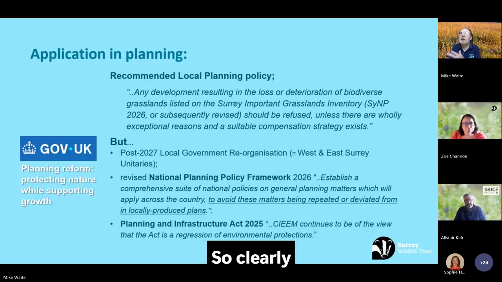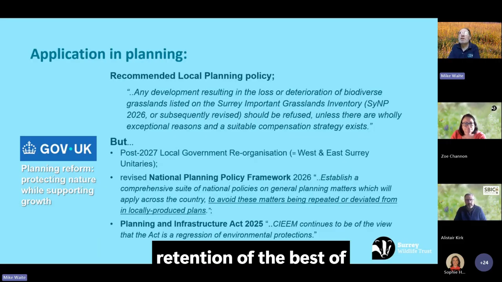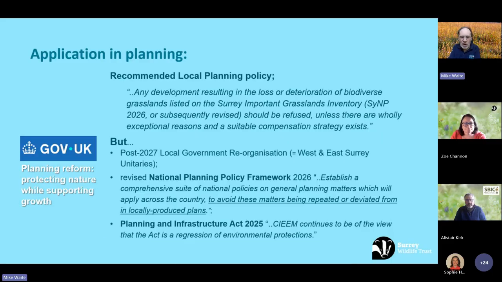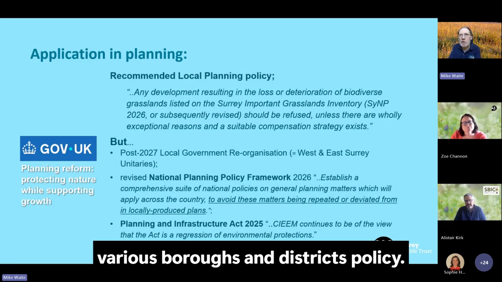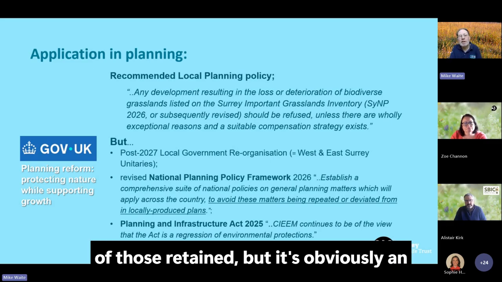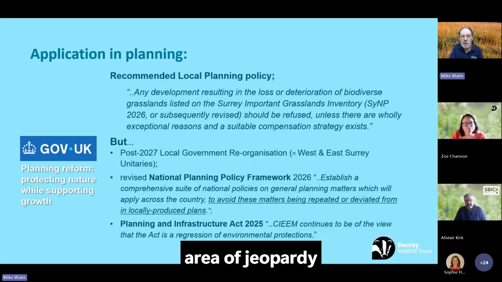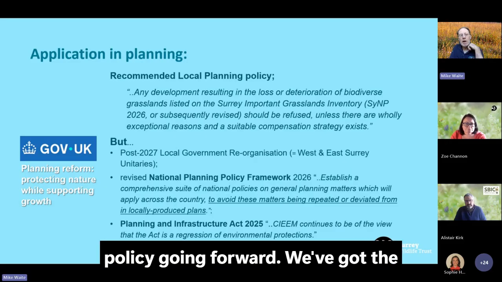So clearly there will be an interim period, and we'd be looking to get the best of the biodiversity policies existing in the various boroughs and districts retained, but it's obviously an area of jeopardy for biodiversity planning policy going forward.